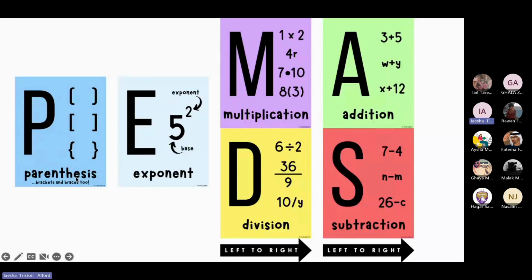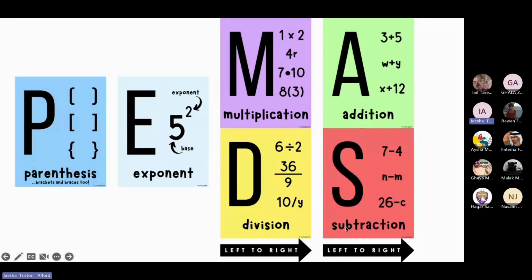After you complete everything with parentheses, you should move on to the exponent. Once you complete everything with the exponent, you can move to multiply and divide. Multiply and divide, they come together. You have to start from left to right, whatever you're seeing first. And then the last step is to do add or subtract.